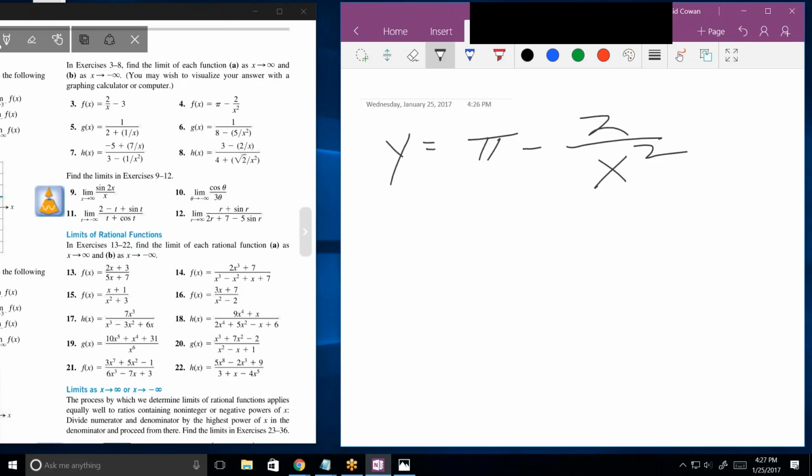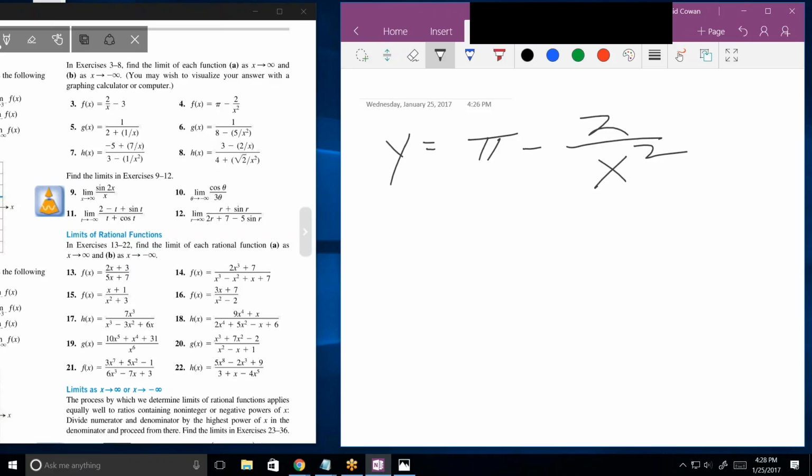Yeah, that's the key thing. Always remember that if you have a number divided by infinity, it's going to 0. The only time it's not is if you have 0 over 0. Remember, that's where limits are hard. Limits are easy when you have a number over infinity or you have infinity over a number.